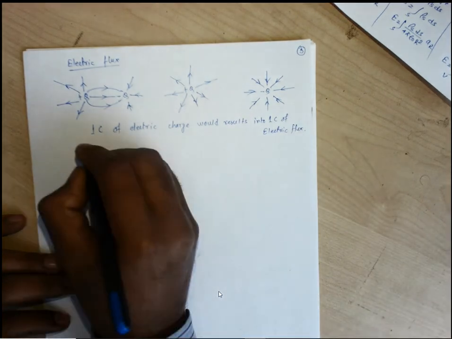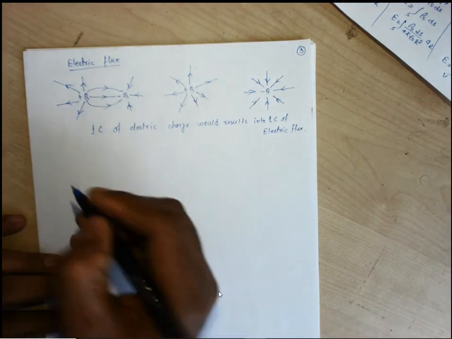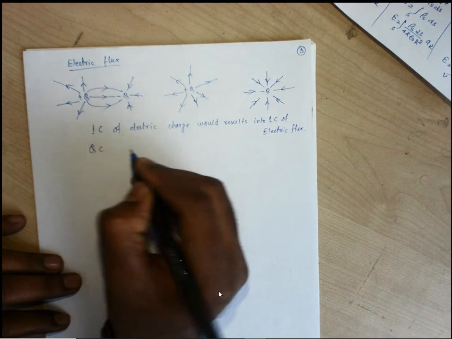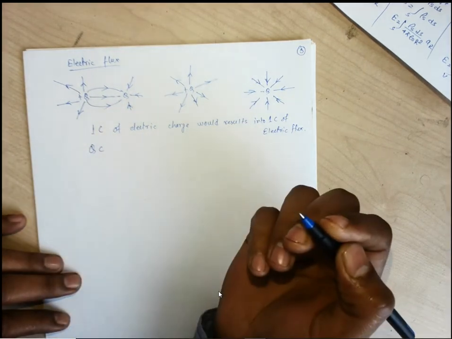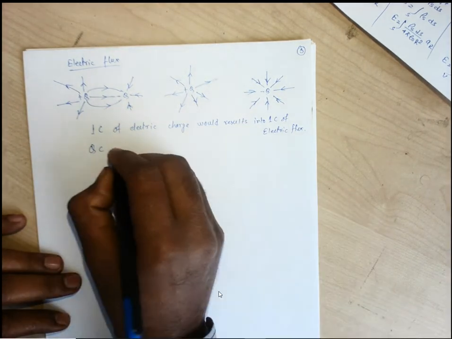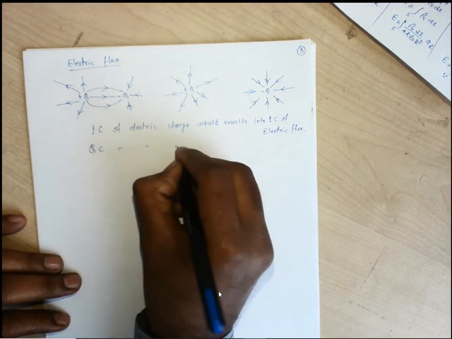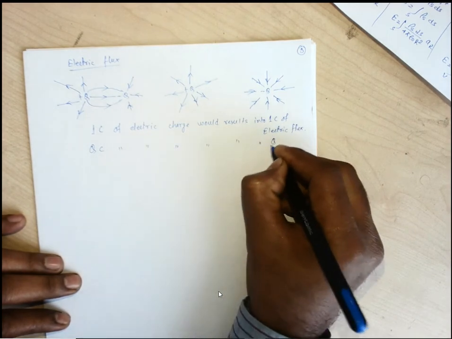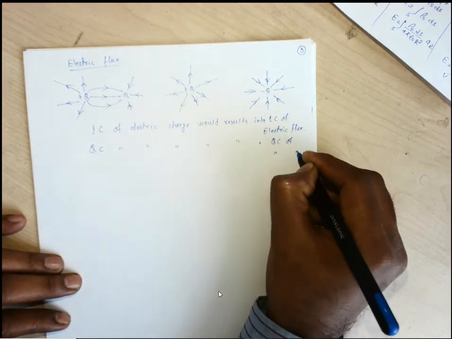Or if there is some other charge, let us consider it is Q coulomb, then Q coulomb of electric charge would result in Q coulomb of electric flux.